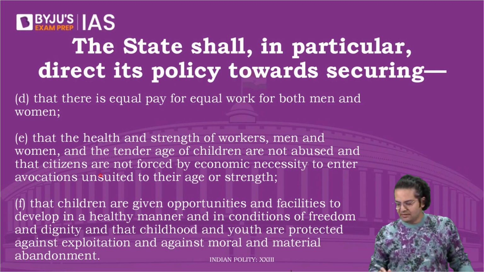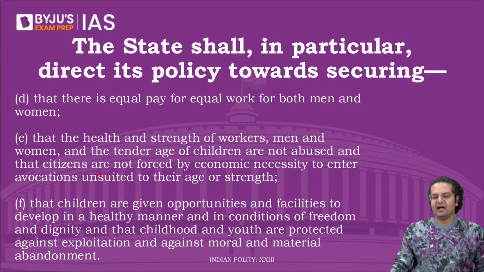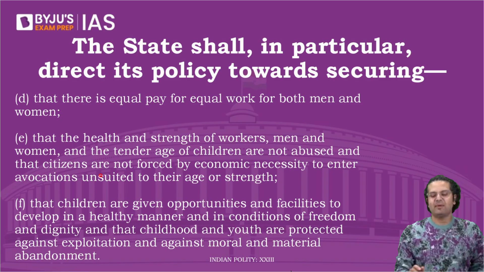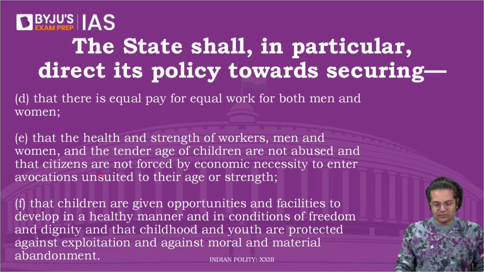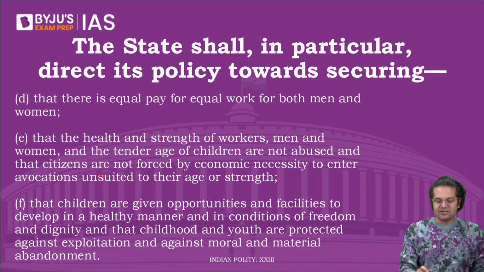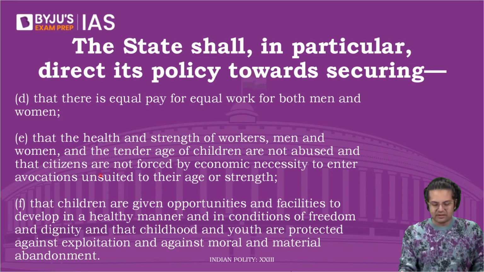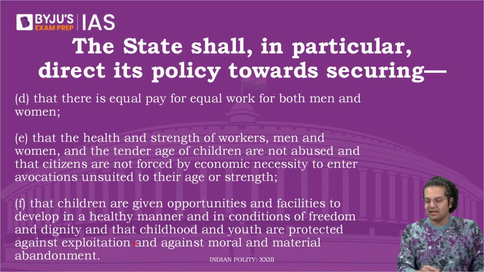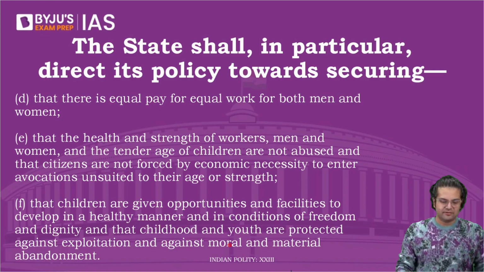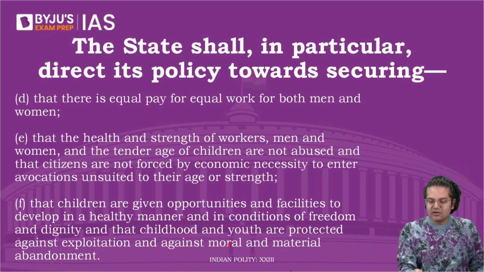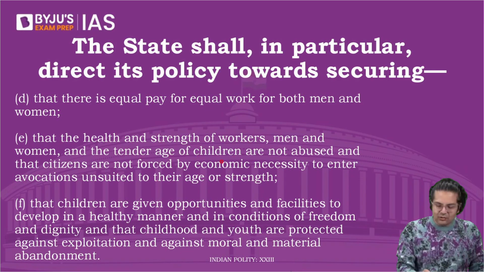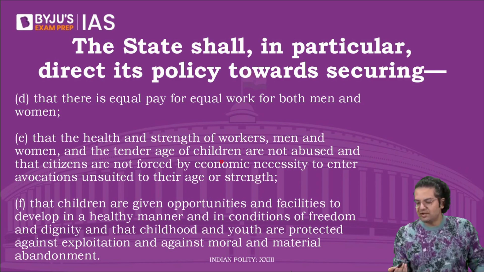And then lastly, that children are given opportunities and facilities to develop in a healthy manner and in conditions of freedom and dignity, and that childhood and youth are protected against exploitation and against moral and material abandonment. Now look at this. Tender age of children is not abused. Childhood and youth are protected against exploitation.